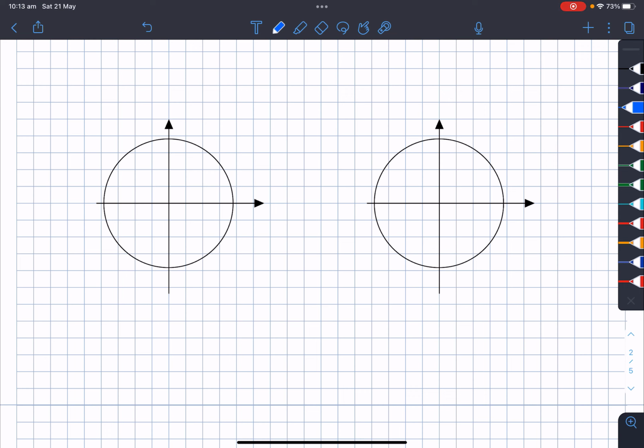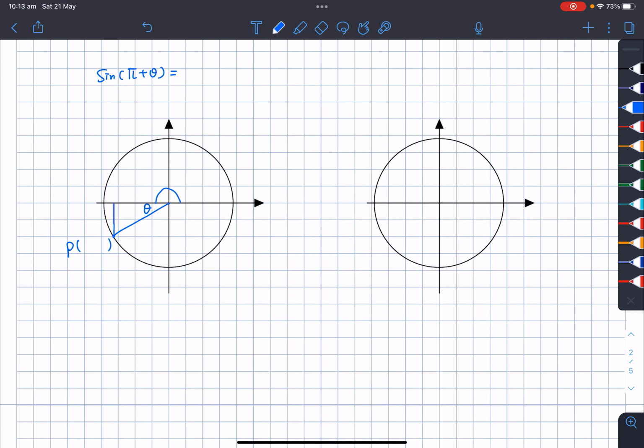Okay, now we talk about sine of pi plus theta. Since pi plus theta, so equal to pi here, so theta will be here, pi plus theta. Point P here.